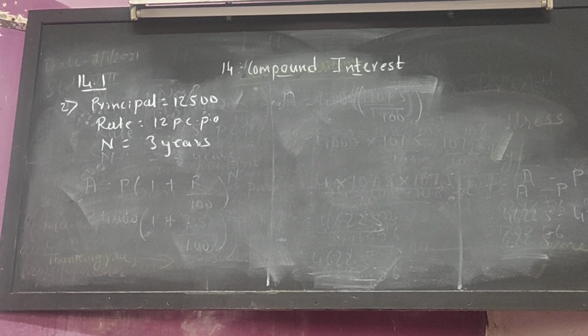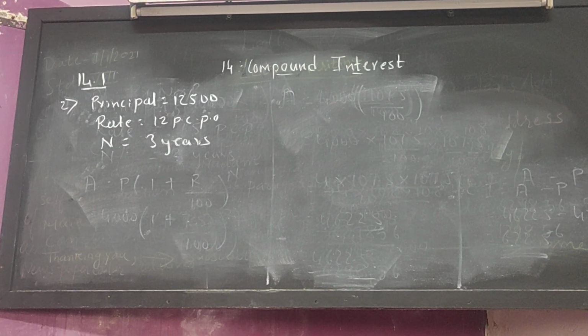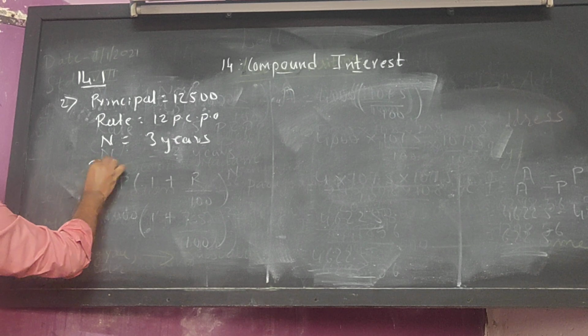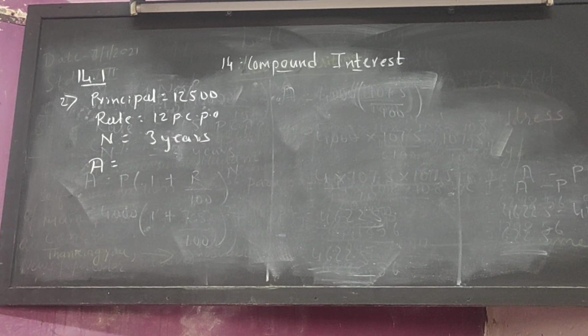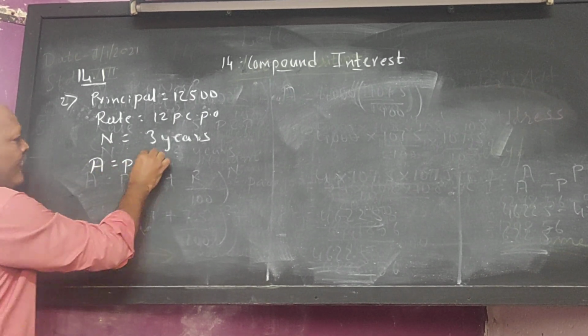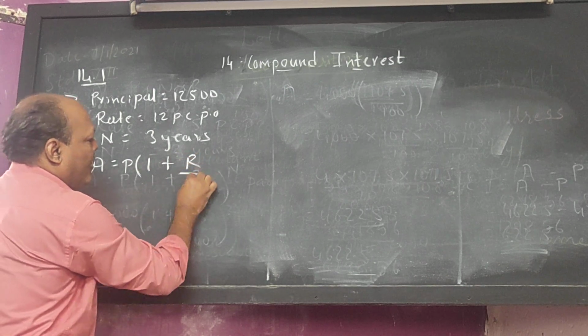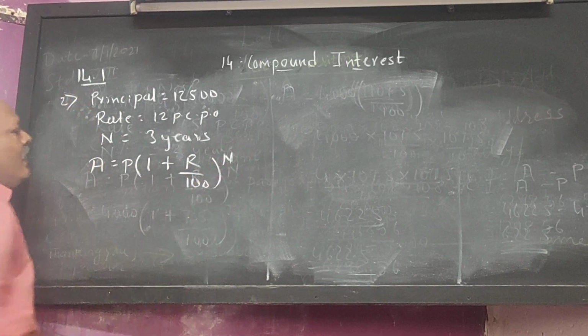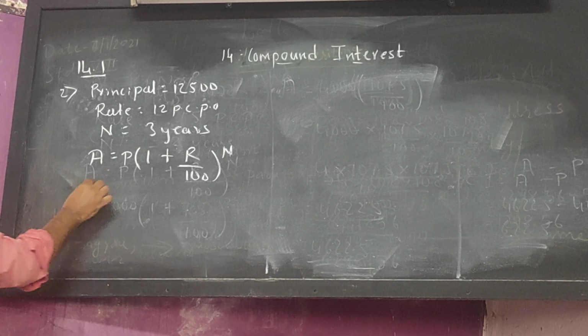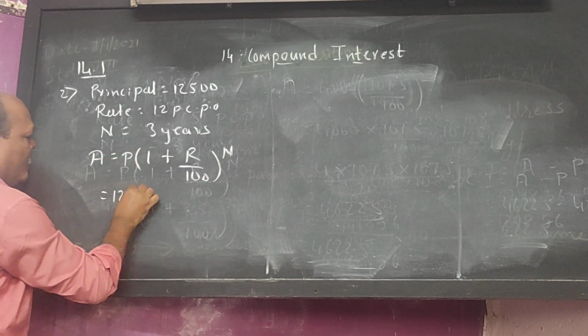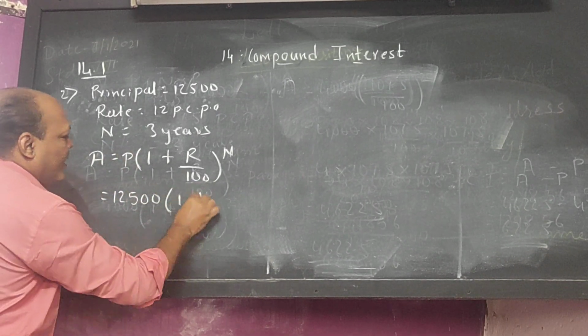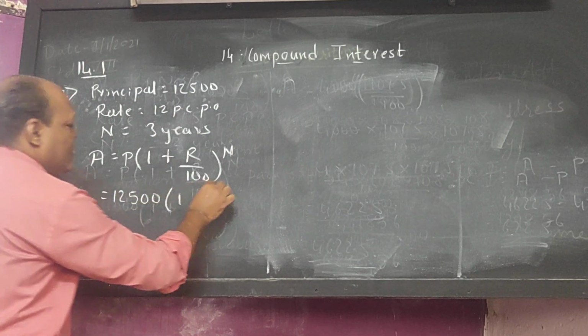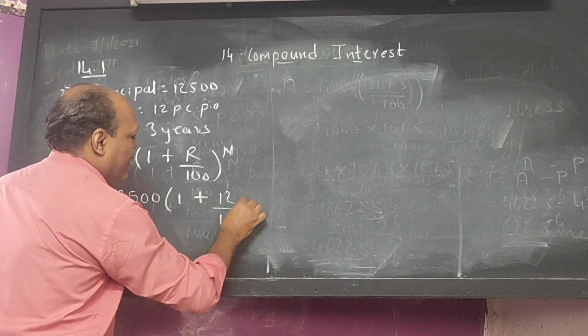That means we have to just find the amount over here. Compound interest is not asked in this sum. We have to find the amount. The formula to find the amount is P (1 + R/100)^N. Principal is given to you, 12,500. 1 plus R, R is 12, upon 100, raised to 3.